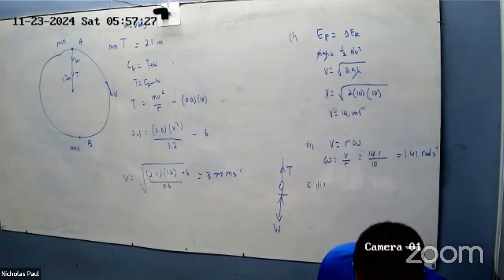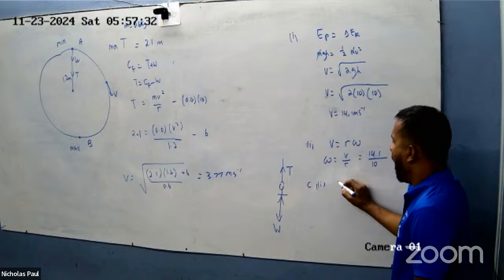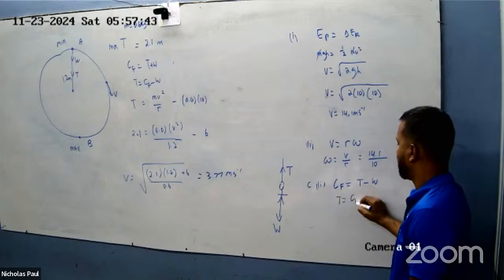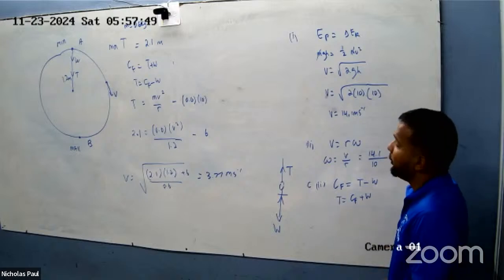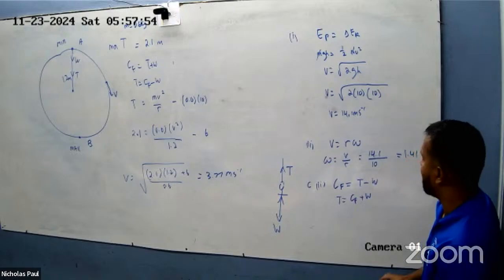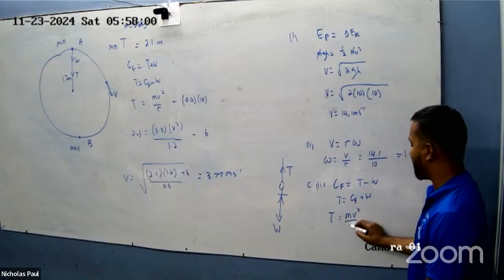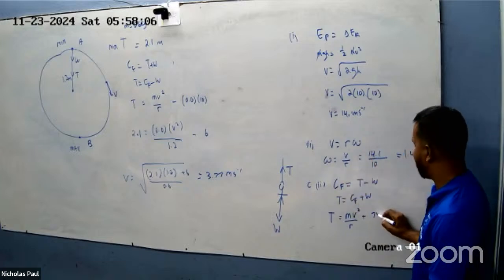You all done online? Mention any answers? Right, so they asked us to find tension. We know tension is centripetal force plus weight, right? And as Matthew said, centripetal force is mv squared on r, and the weight is 75 by 10.